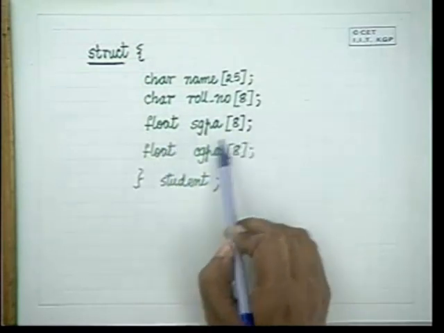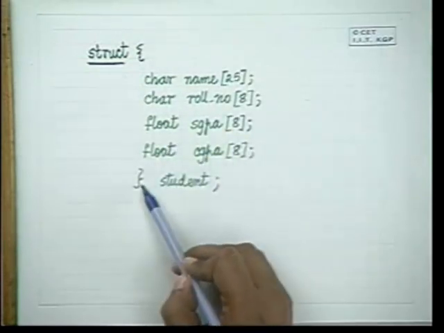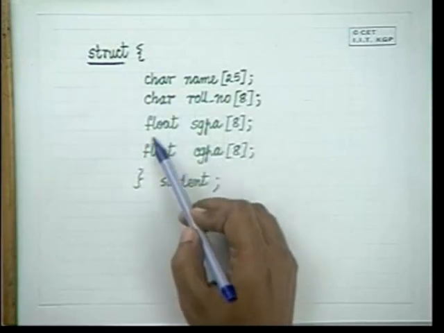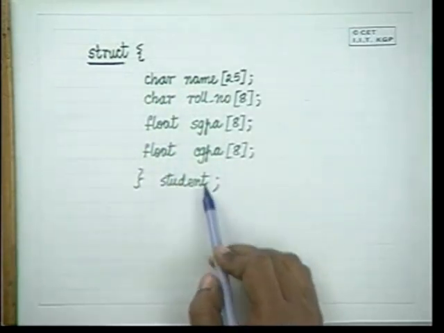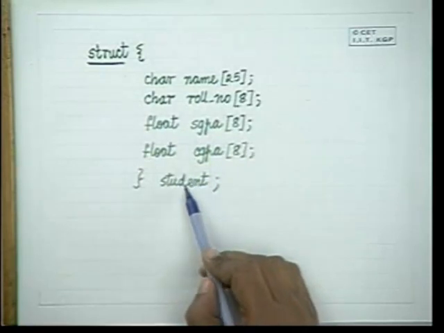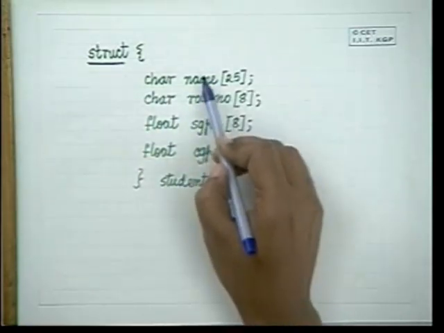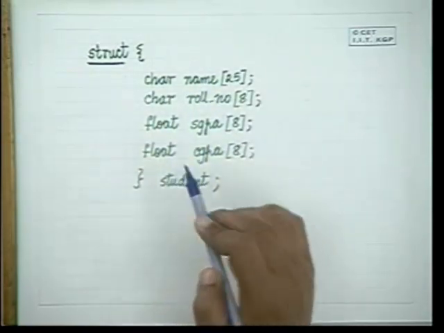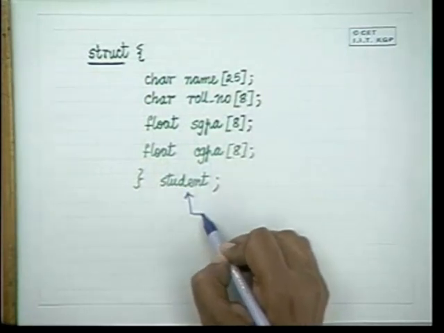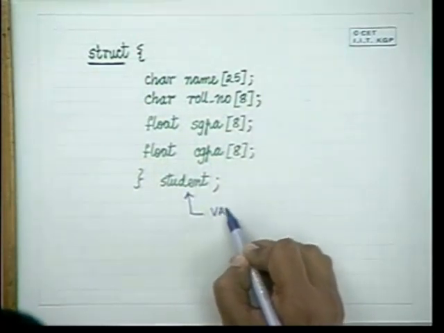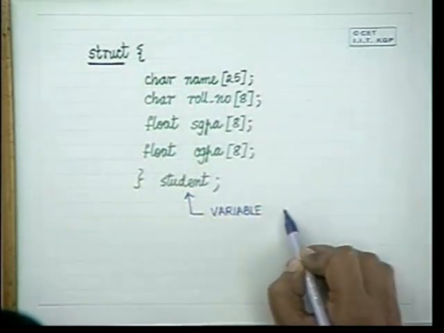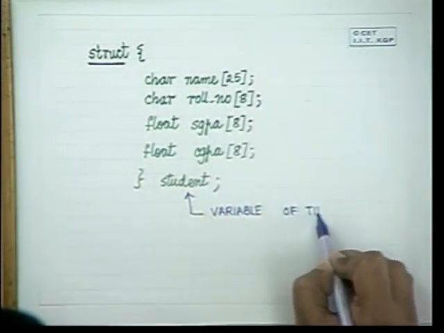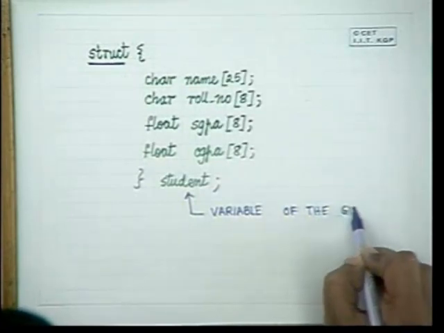Float SGPA 8, float CGPA 8, bracket closed. So this defines the structure, and student is a variable having this structure.